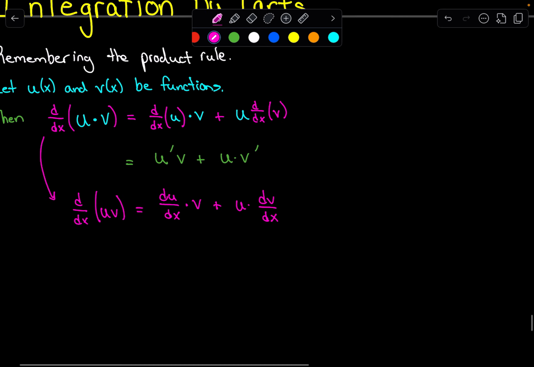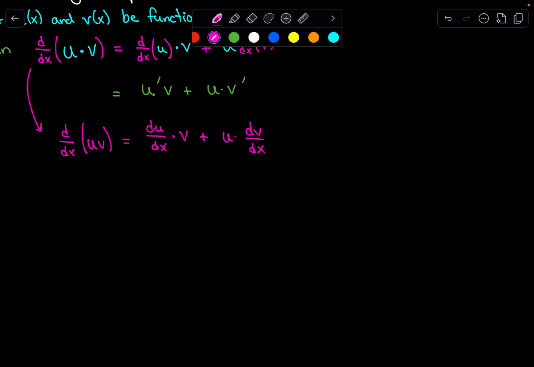Okay, great. So this is the product rule fully executed. It's ready to go. And since our goal more or less is to figure out how to integrate the product of two functions, what we're going to do very naturally right now is take the integral of both sides with respect to x.